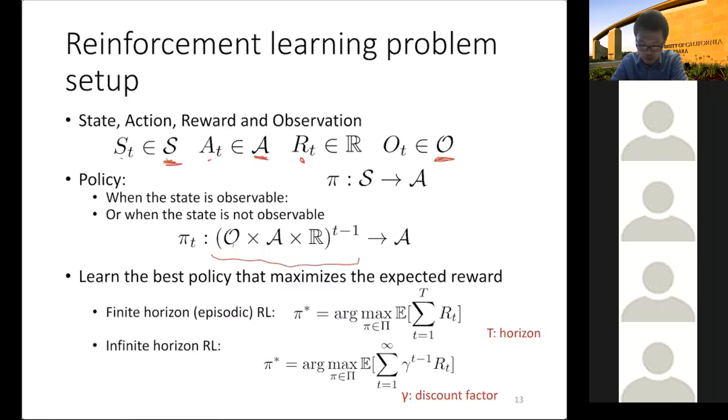I forgot the observation O or S here, or sometimes you do not have this, but in other cases you do. So the policy is how the agent is going to be making the decision, and it is also something that we're optimizing over.